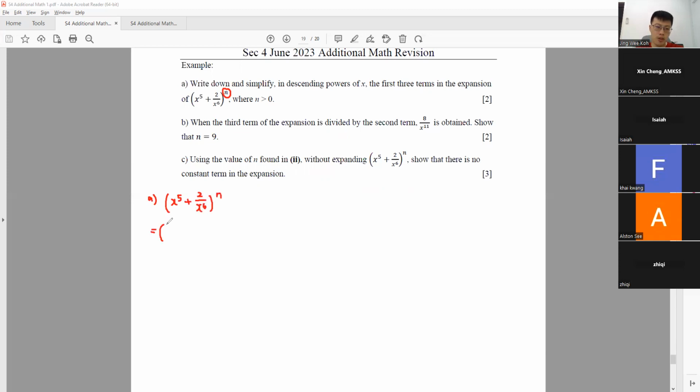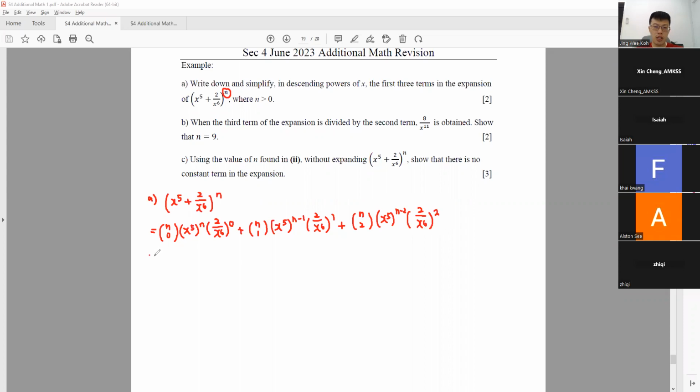So it will be nC0 x^5 to the power of n, 2 over x^6 to the power of 0, plus nC1 x^5 to the power of n minus 1, 2 over x^6 to the power of 1, plus nC2 x^5 to the power of n minus 2, 2 over x^6 squared.